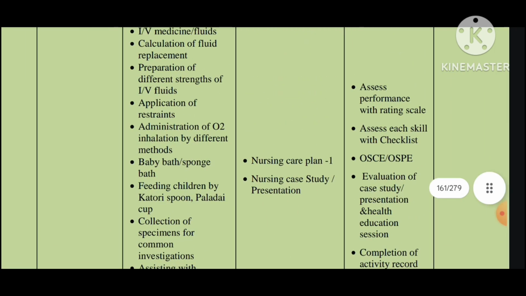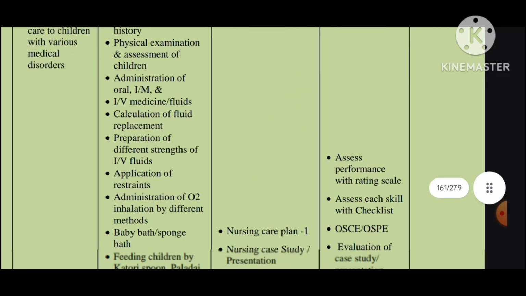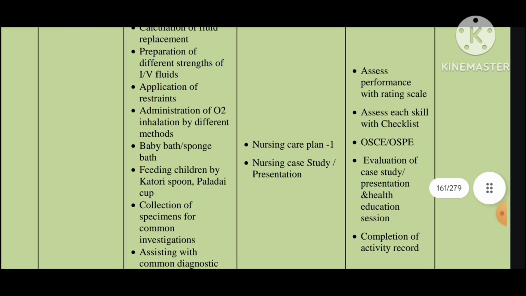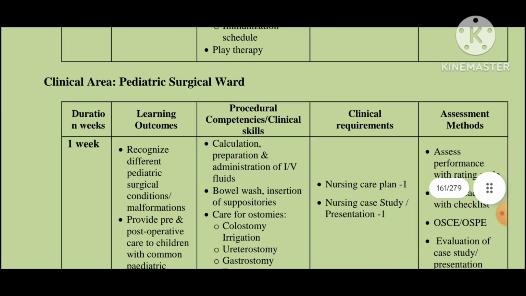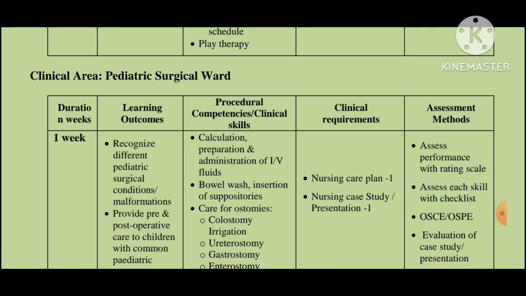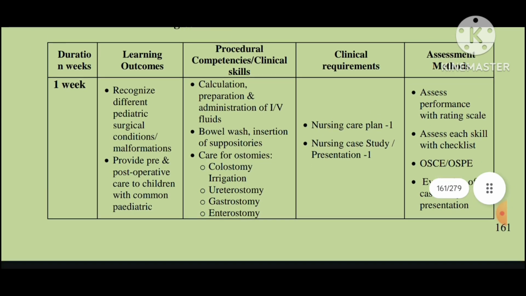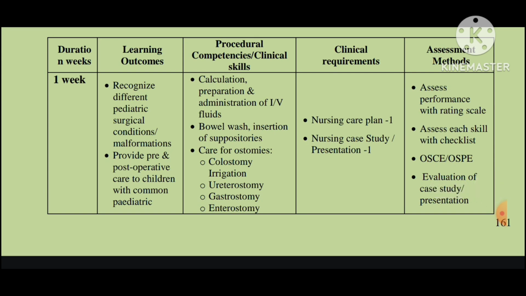So you will do one care plan, one case study presentation, and your evaluation will be done by OSCE or OSPE methods using a checklist. Then clinical area, pediatric surgical ward learning outcomes. In the surgical ward, you have 1 week posting. There also you will write one care plan and one case study presentation.